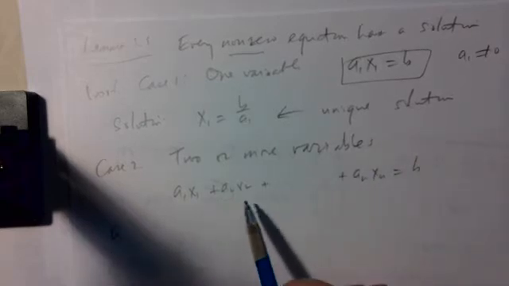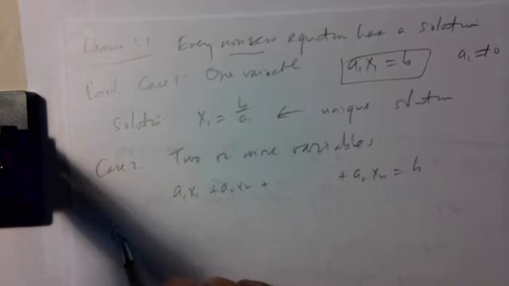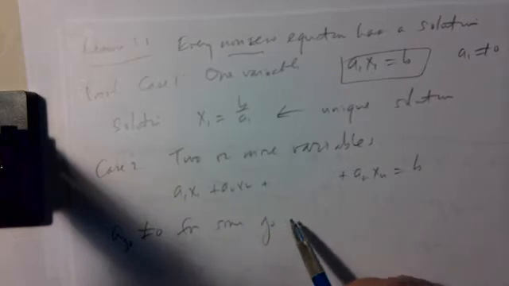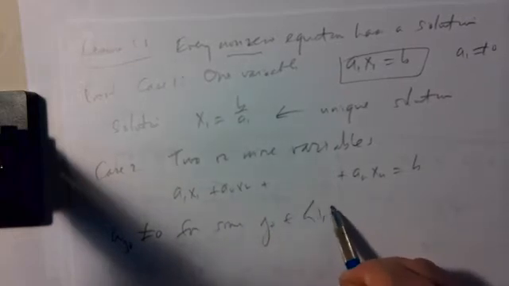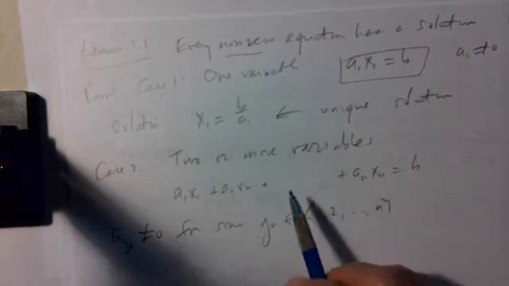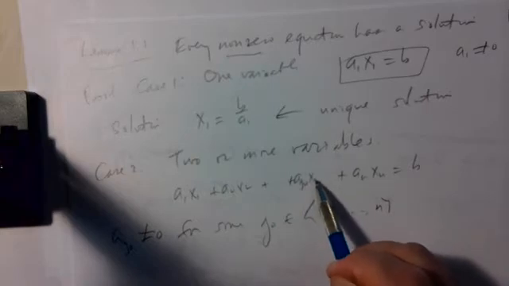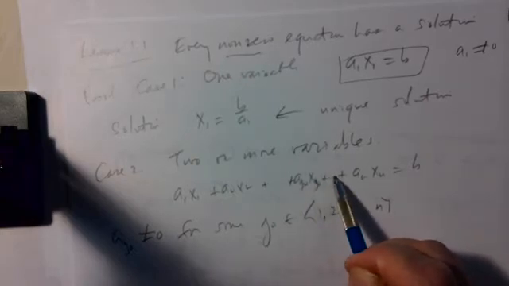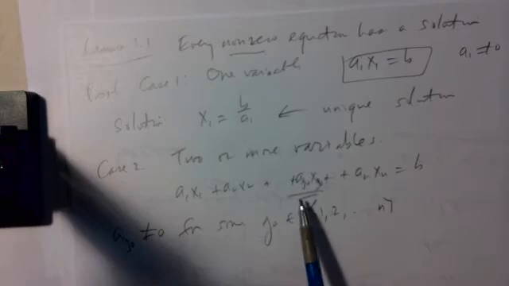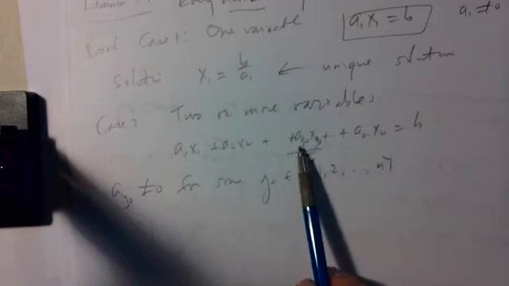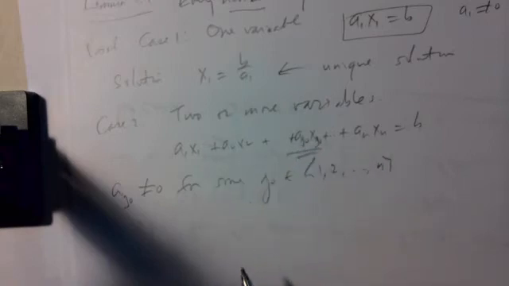And one of these coefficients at least, it's called a sub j naught, is different from 0 for some number j naught between 1 and n. So there's some term, there could be more than one, could be all of them, but there's at least one term in this equation where the coefficient is different from 0.